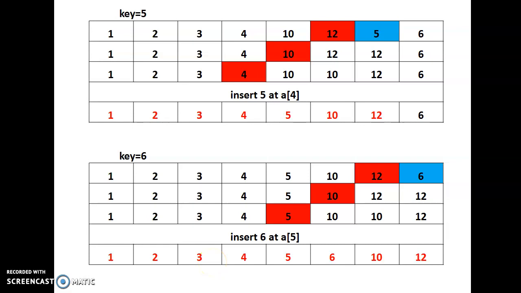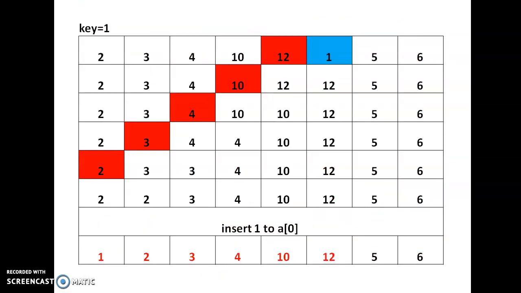Now if we see this algorithm-wise or program-wise, how we are doing this is, whenever I am considering this particular key element, I am comparing all the elements that are present before that particular element up to the 0th element.